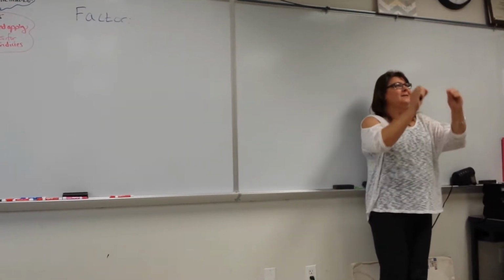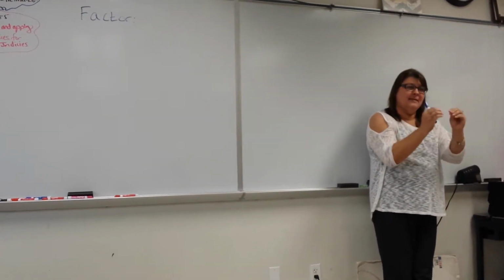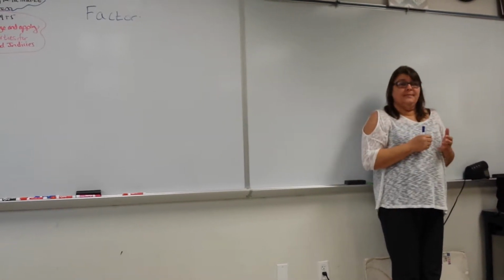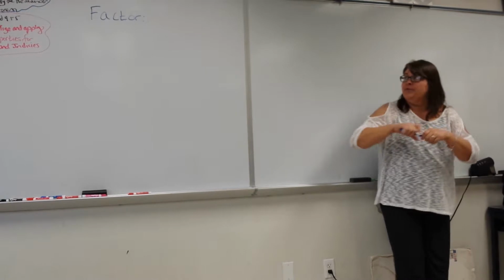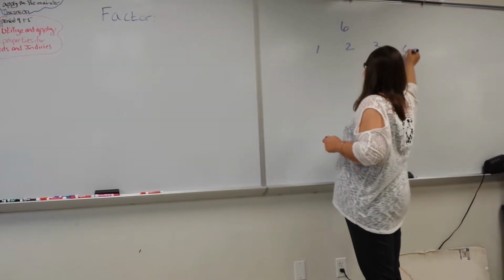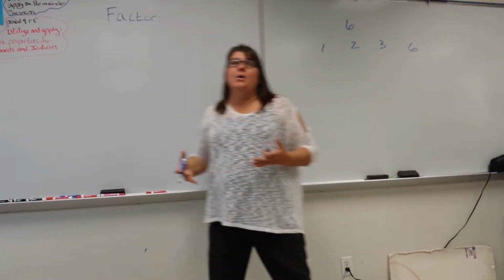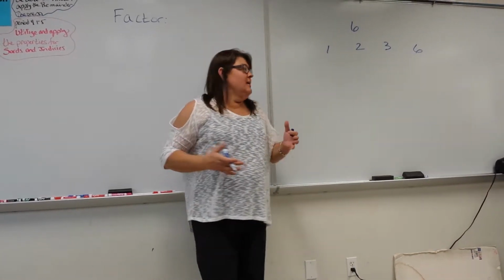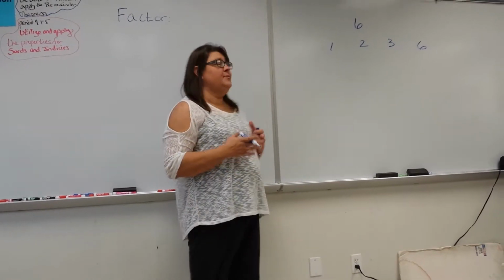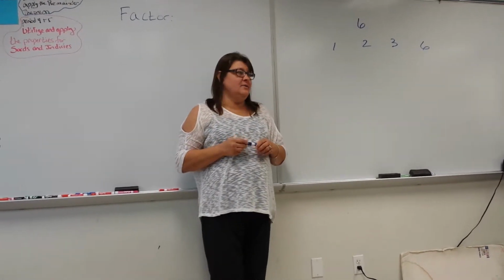There's one particular concept that I want you to wrap your head around with the word factor. For 6, you told me it is a 1, a 2, a 3, and a 6, correct? And we know that those are considered factors. Why is number 4 not a factor?